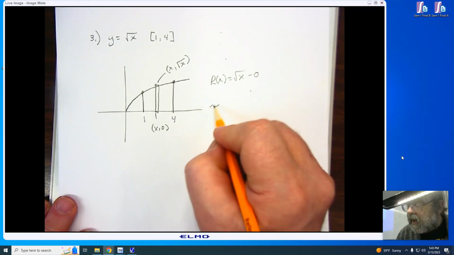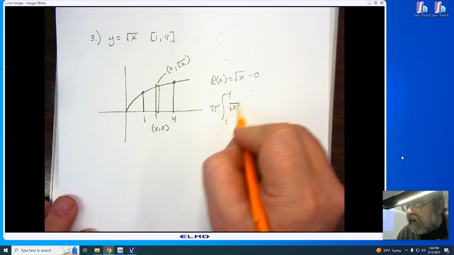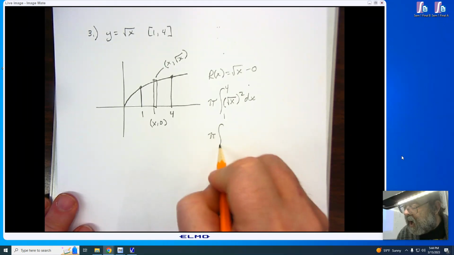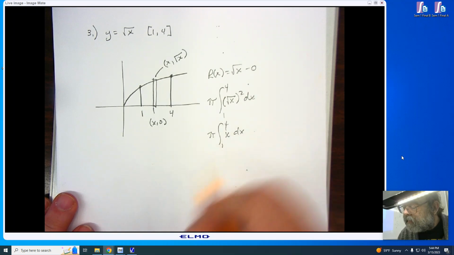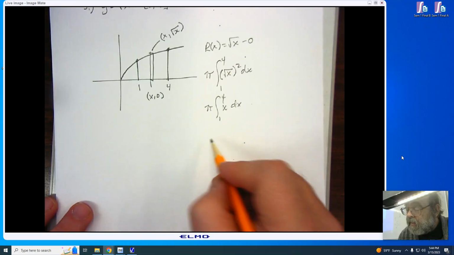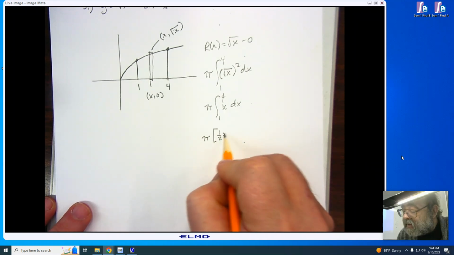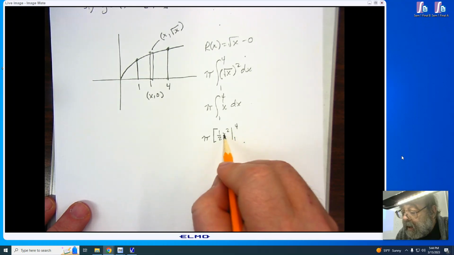And when I put it into my formula, 1 to 4, of the square root of x, the quantity squared, dx. This gives me pi integration 1 to 4 of x dx. Now I can do my integration. That gives me pi times 1/2 x squared from 1 to 4.